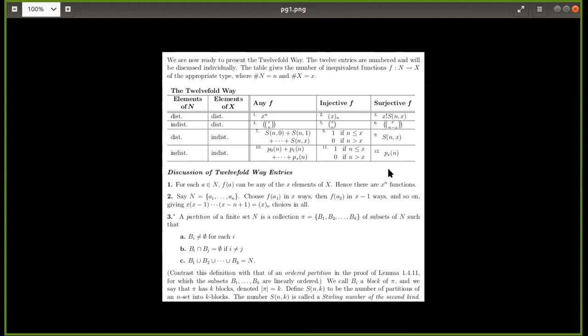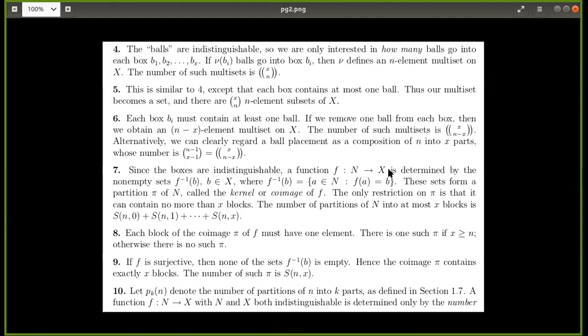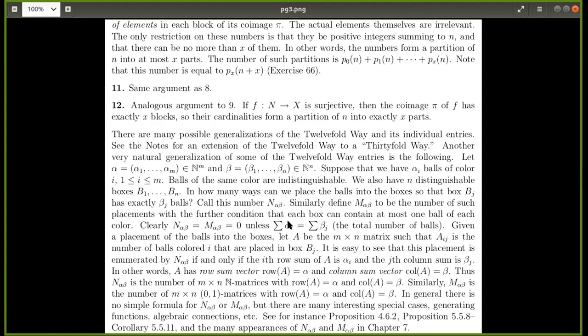Okay, guys. So I will leave this here. Can you read this up? This is similar to the description of the other entries. And one last thing I will say is that the 12-fold way which we saw here can be generalized in many ways. There are things like a 30-fold way.